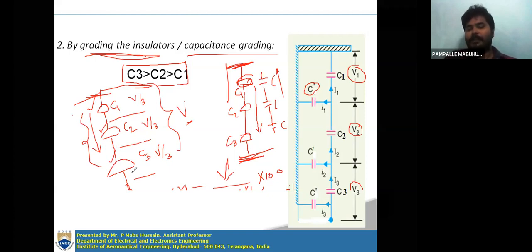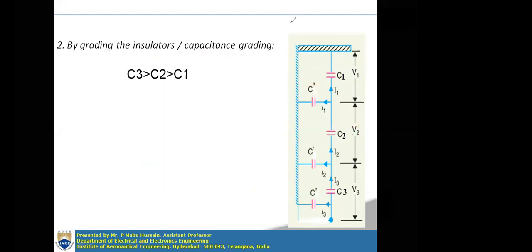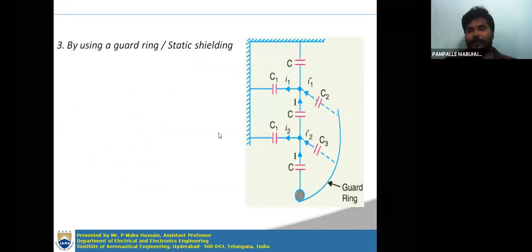This arrangement is called capacitance grading, or grading of the insulator. It makes the voltage across each disc almost the same, so that the string efficiency is increased. This is one more method for improving the string efficiency.